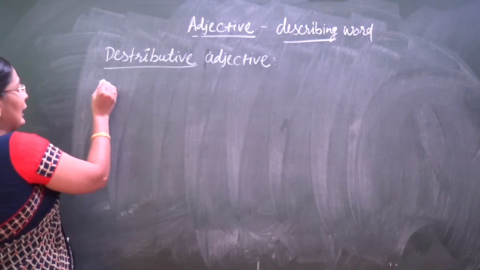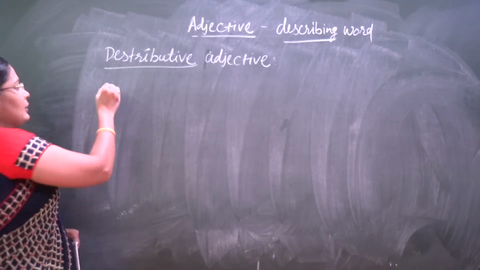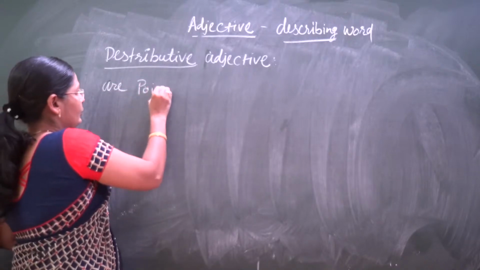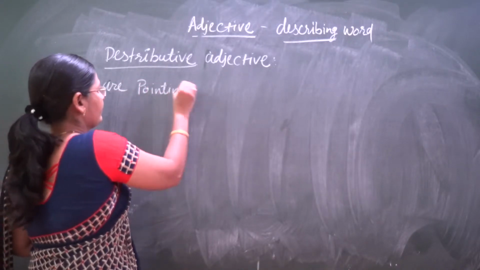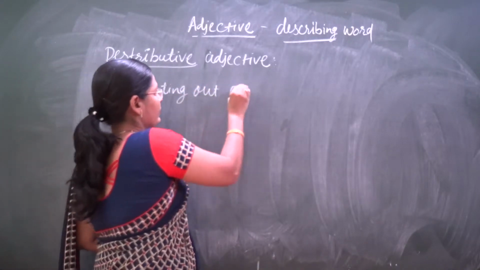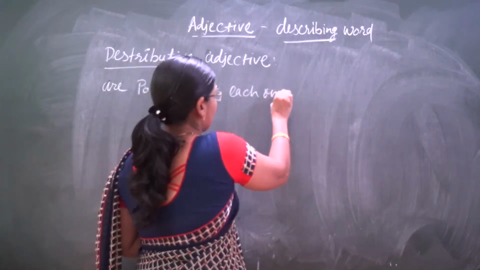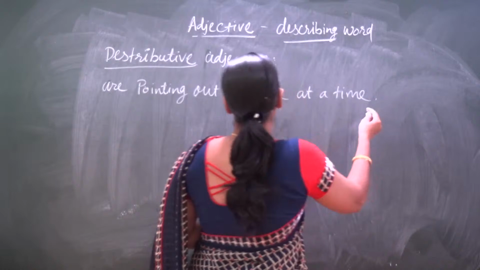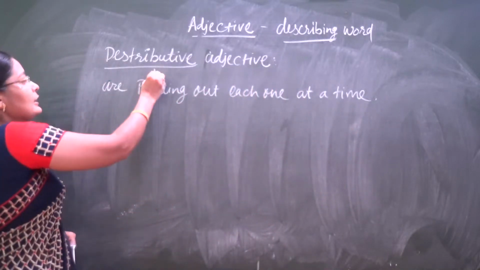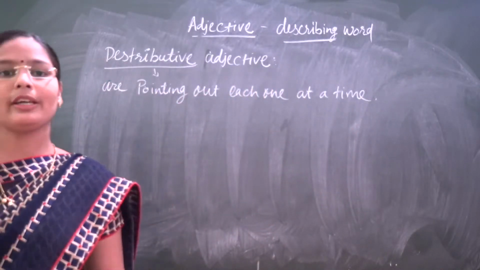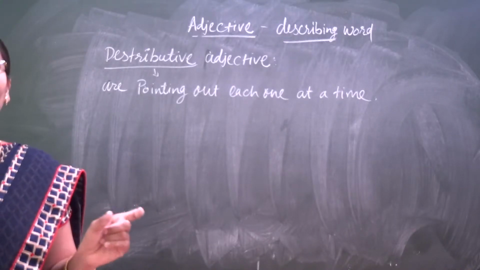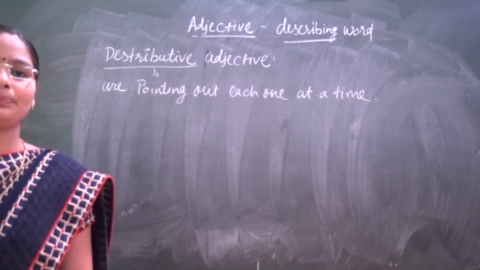Distributive adjectives are pointing out each one at a time. It makes the distribution. Distributive adjective, what are they showing? It's showing the distribution. They are pointing out each at a time.